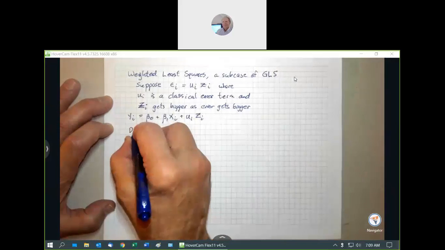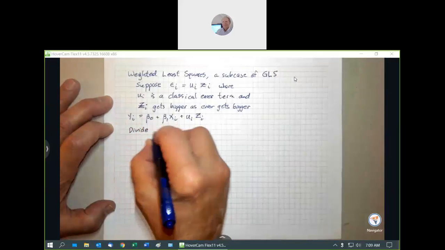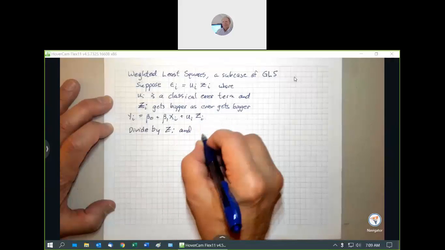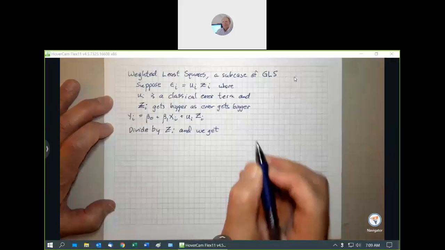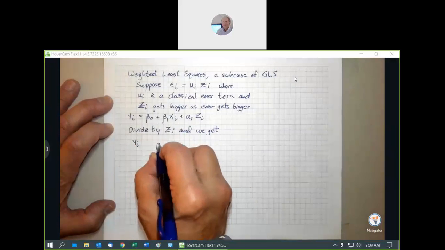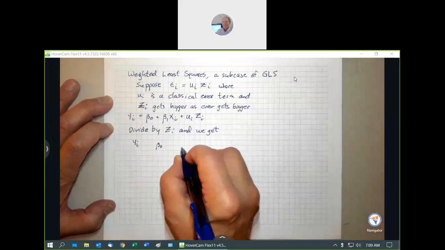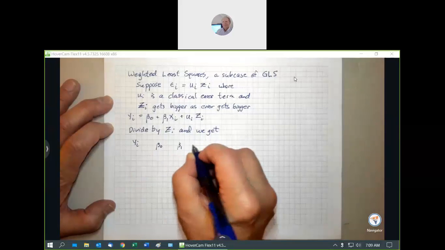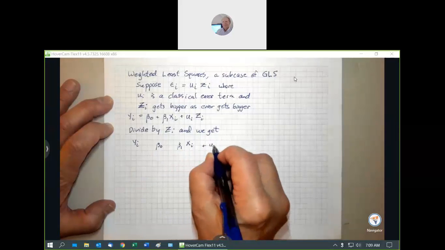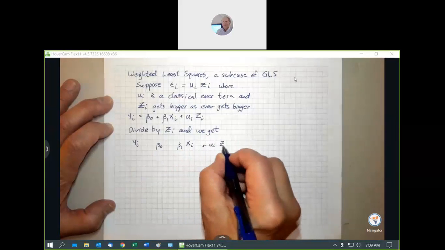Notice what happens if we divide by zi. And we get, oh, this is so neat. Let's just write out the equation there, make sure we know what we're doing. Beta 0, beta 1 times xi plus ui times zi.